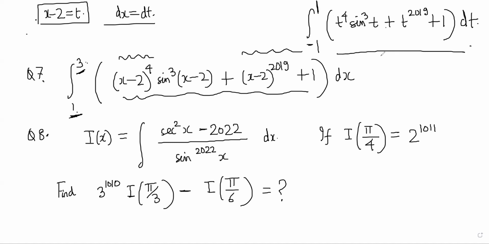Is this clear to everyone how it came like this? Yeah. Now you can easily say that this integral is 0 because it is an odd function. Does everyone know that t power 4 sine cube t is odd?